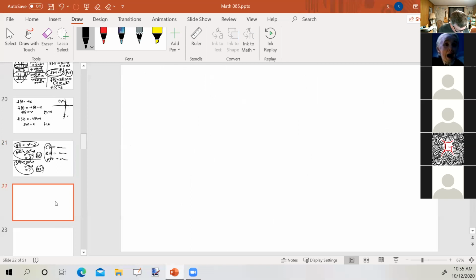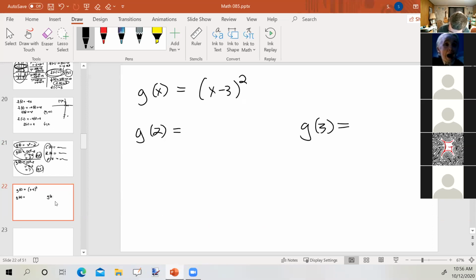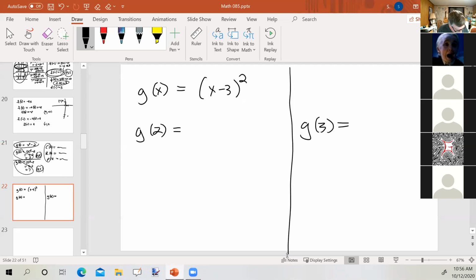How about this? G of x equals the quantity x minus 3 squared. We're going to find g of 2 and g of 3. All right. So the first thing I do is I put the 2 in the place of x on the right side of the equal sign.